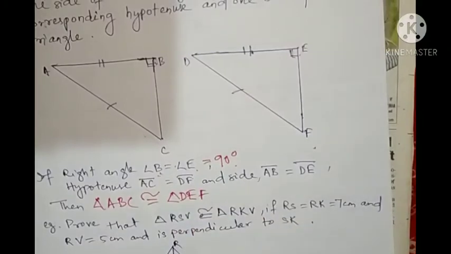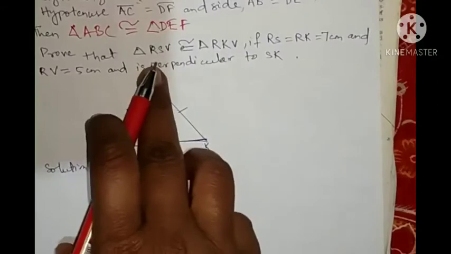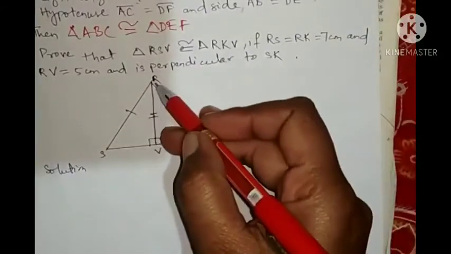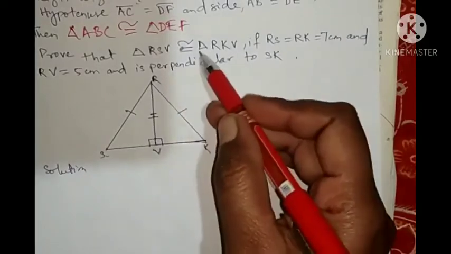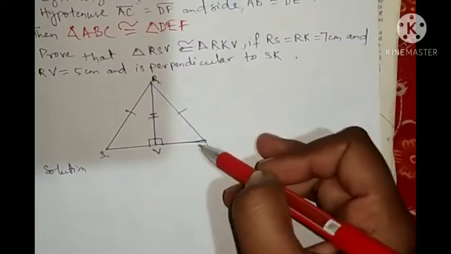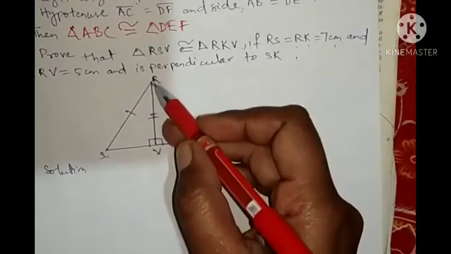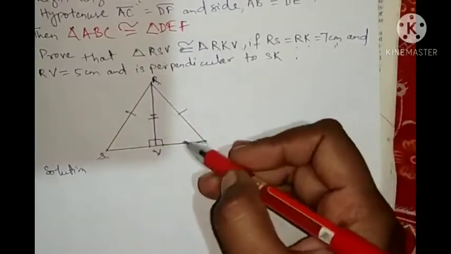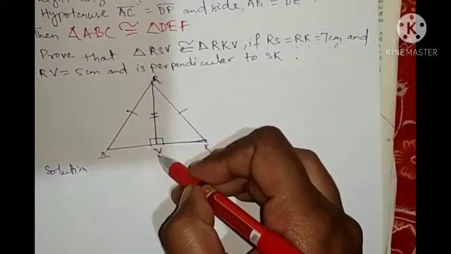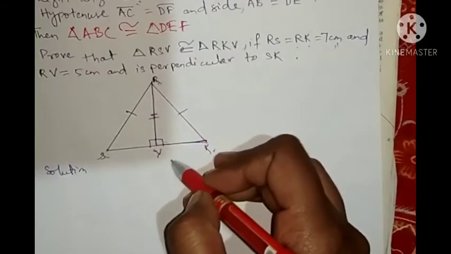So let's see an example. Prove that triangle RSV is congruent to triangle RKV, if RS equal to RK equal to 7 cm, RV equal to 5 cm, and RV is perpendicular to SK.